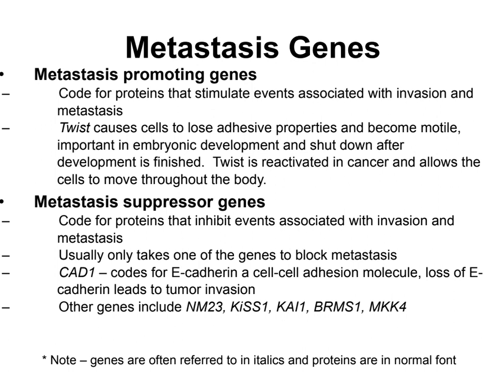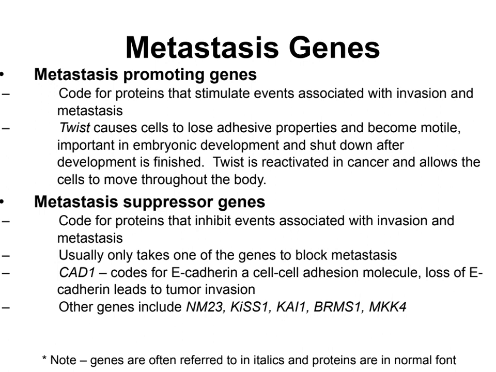That's a property all by itself, and twist can mediate that process. After the embryo has developed, that twist gene expression is shut down because we don't need those cells to be moving anymore. And sometimes twist is reactivated in cancer and can allow those cells to move throughout the body.